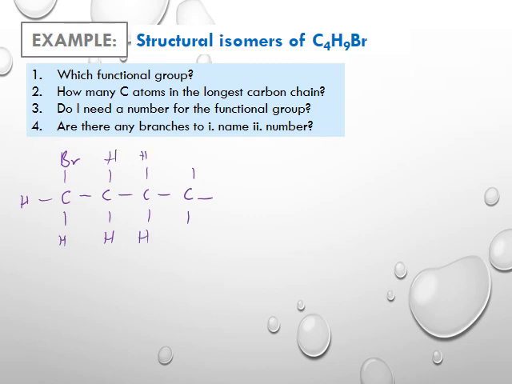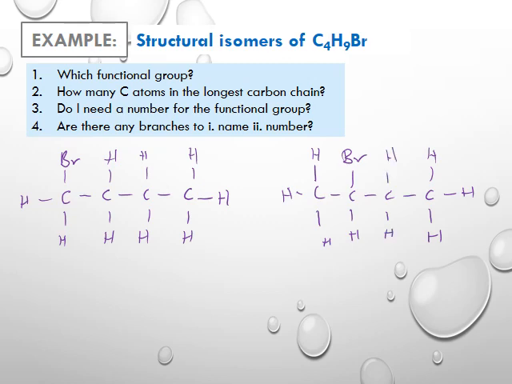And then let's see whether we can move that around. We could move it to the second carbon, couldn't we? And that would be a distinct molecule, a different molecule. We'd have to break a bond in order to convert the first one to the second one. So that's a structural isomer because they're bonded differently. Okay, so there's a second structural isomer. If I put it on the third, well, that's no different to the first, is it? Because it's just flipped over. If I put it on the fourth carbon, that's the same as the first one.